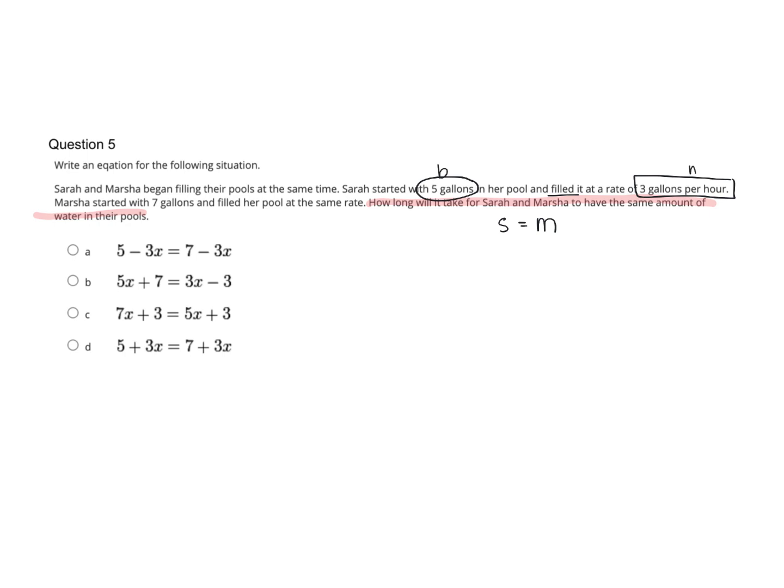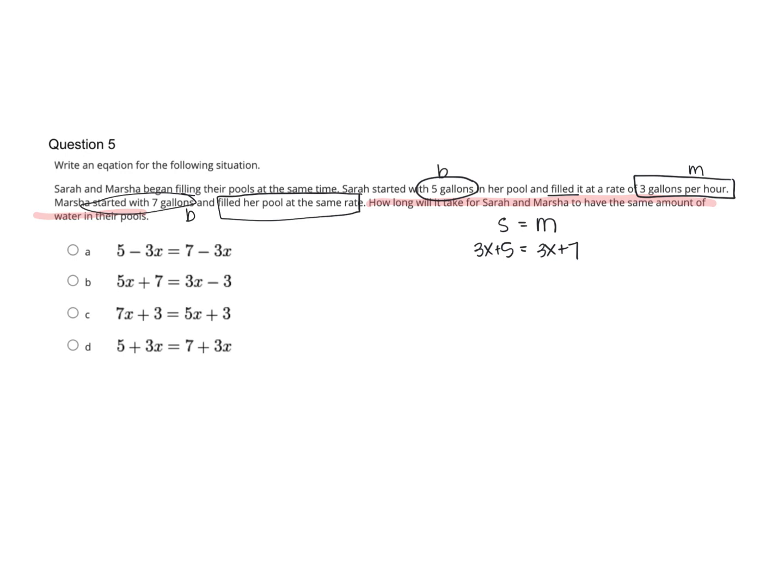That's her m value. So for Sarah, we're going to write 3x plus 5, and that's going to be set equal to Marcia's information. She starts with 7 gallons, so that's our y-intercept, and fills her pool at the same rate as Sarah. So we're going to put 3x plus 7.